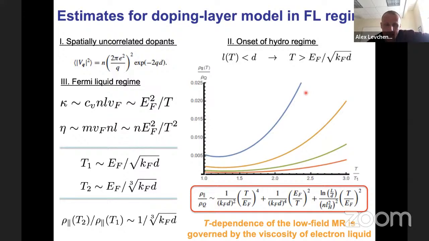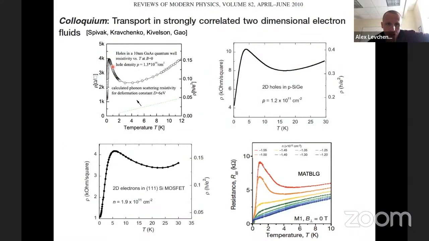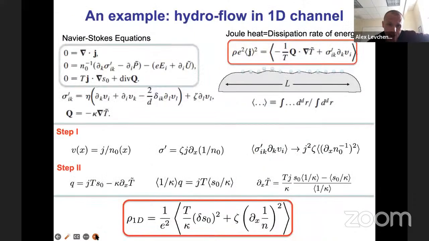I would say it's at least qualitatively consistent with the data. If you allow me to say that the peak is the onset of the hydrodynamic regime in each of the plots, this downturn and upturn is qualitatively captured by this macroscopic formula of resistance through thermal conduction and viscous effects.